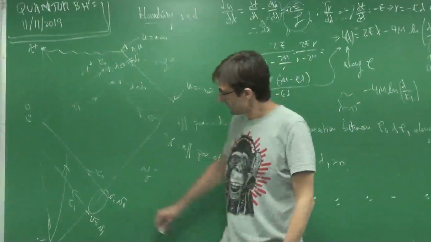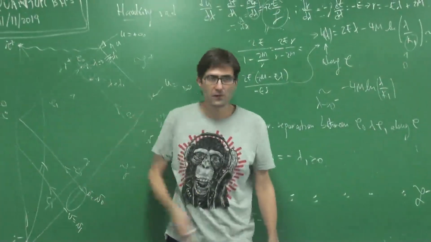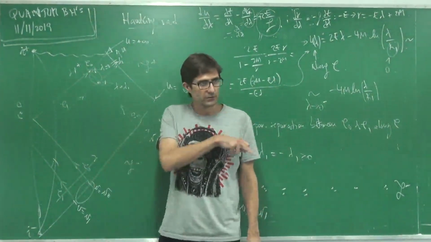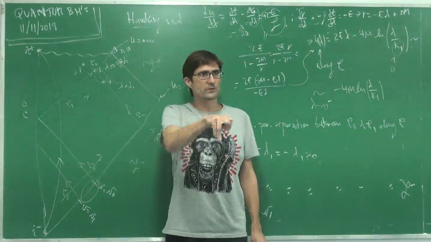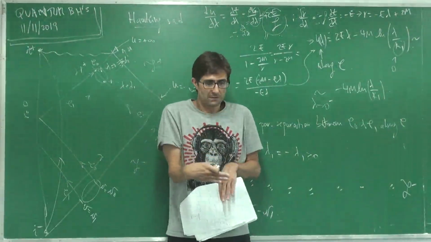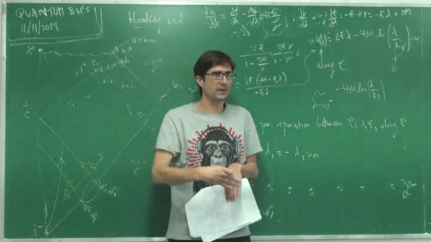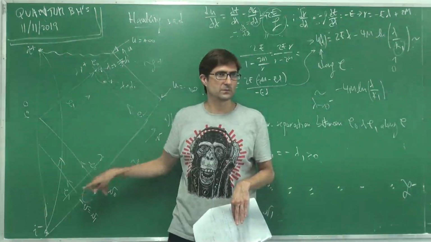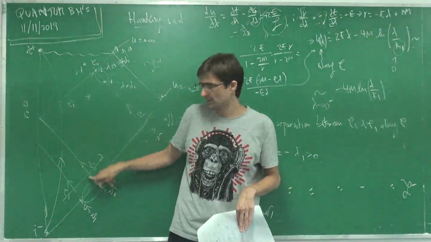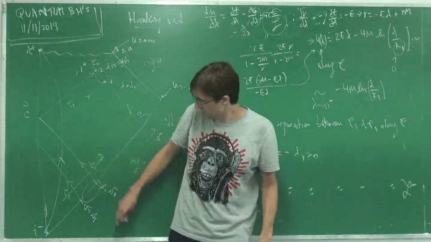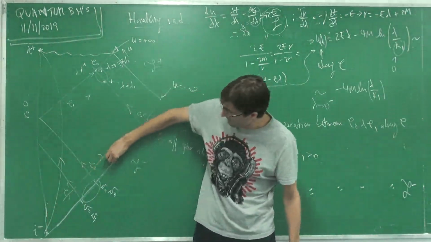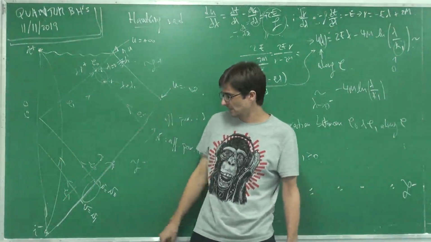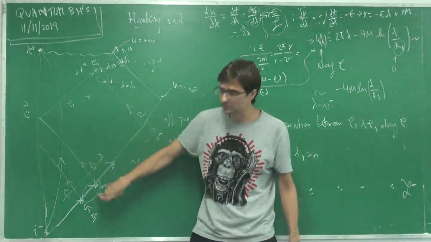Heuristically, affine parameter separation means you have a geodesic crossing through the two of them, and you look at the affine parameter interval along that geodesic between the crossing of the two other geodesics. You look at the value of the difference in the affine parameter between these two points.